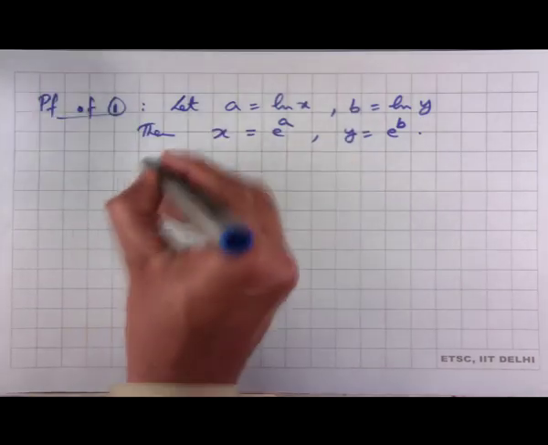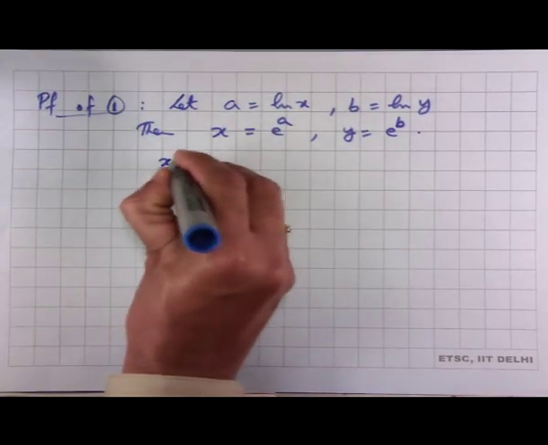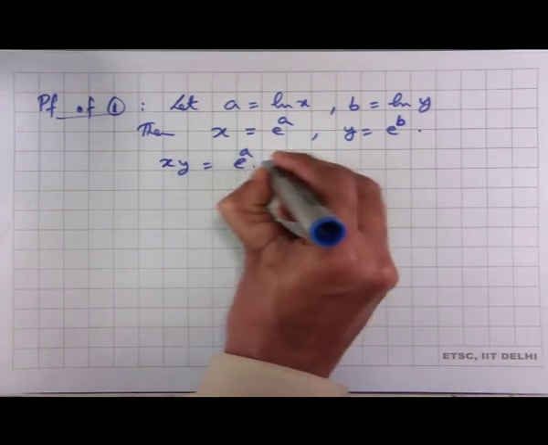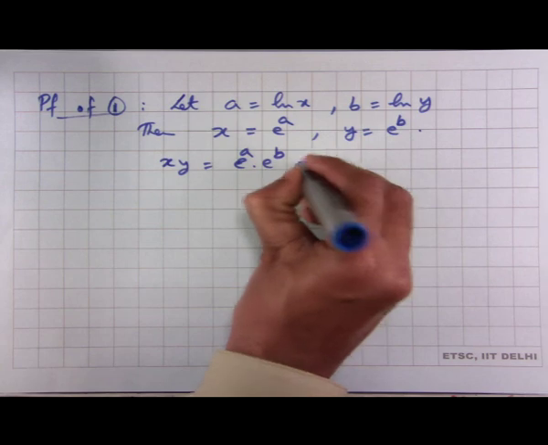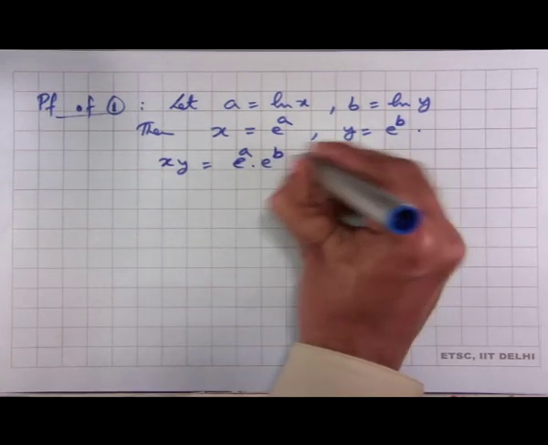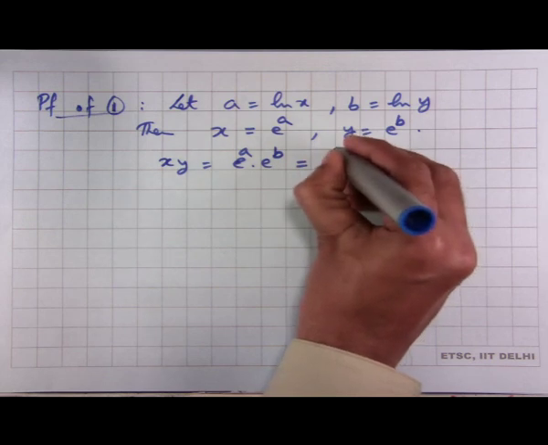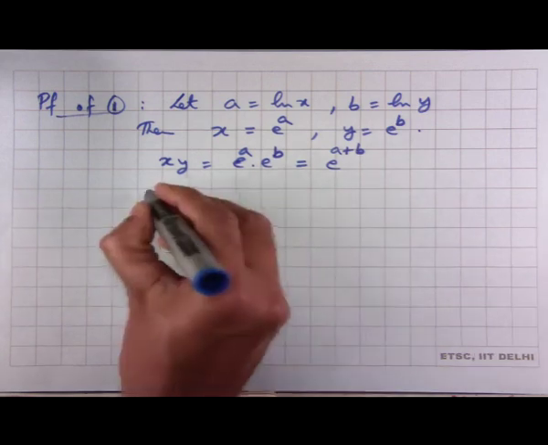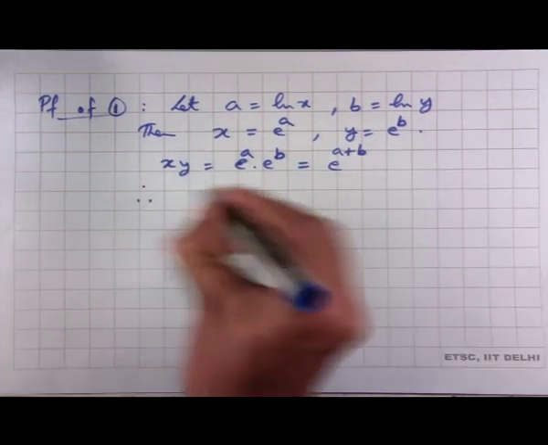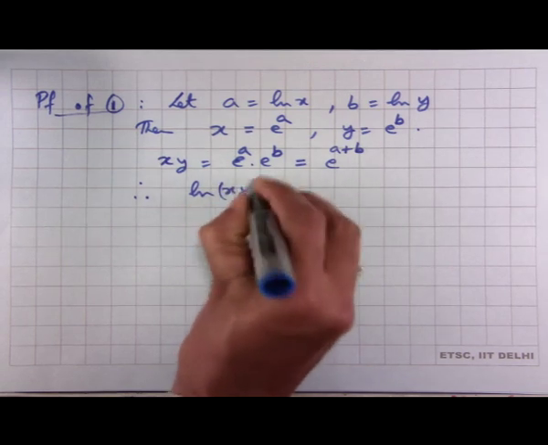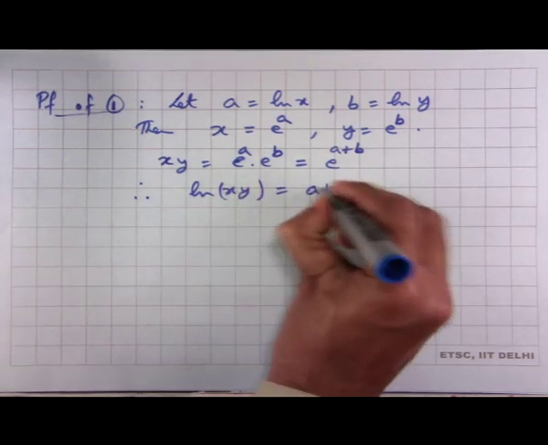So, x times y is e to the power a times exponential of b, and we have seen that exponential of a times exponential b is equal to exponential of a plus b, and therefore, ln of x y is equal to a plus b.